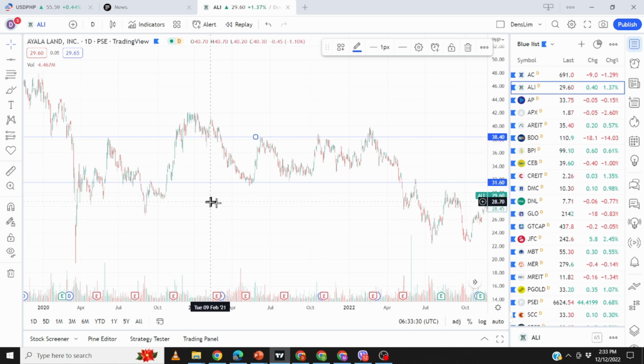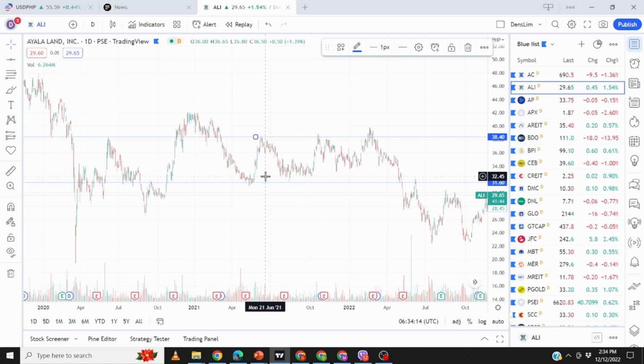So you have your support here. It's being supported here at 3160, and there's resistance here at 3840, right? As traders, you may want to identify support and resistance. Of course, when it hits support, wait for support to hold. Then when it holds and bounces back, you can buy. And your price target, I get a lot of traders asking me, what's the price target for it? The price target is usually the resistance, which is 38.